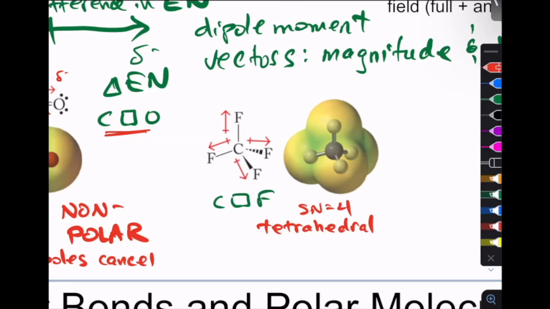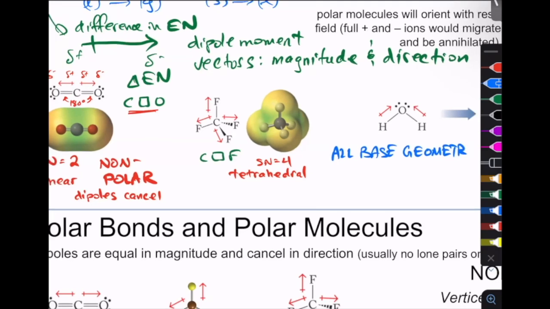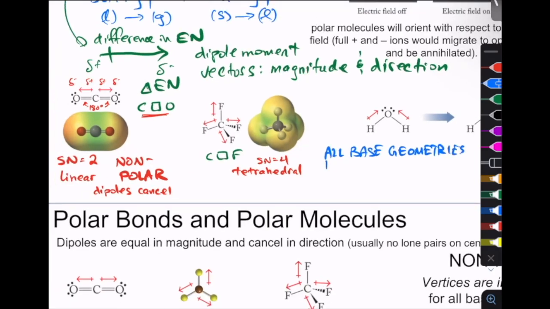When you have the base geometry, the direction of these bonds are always going to be in opposition. It's harder to see in a tetrahedron. It's easy to see in linear, okay? But the base geometries, let's just put this in writing here. All base geometries have the bonds in opposition.